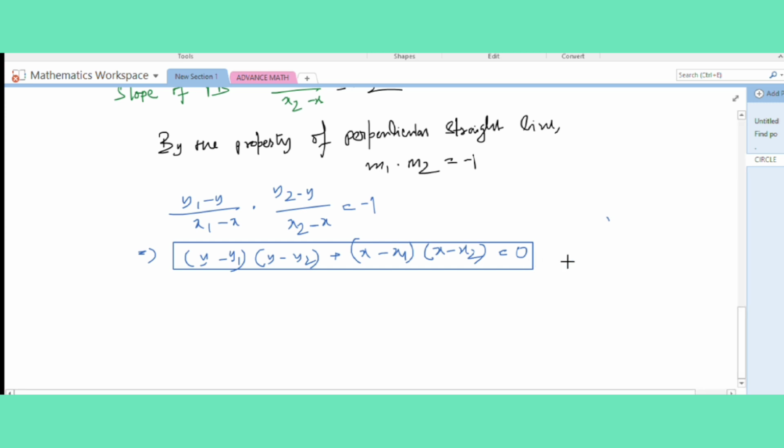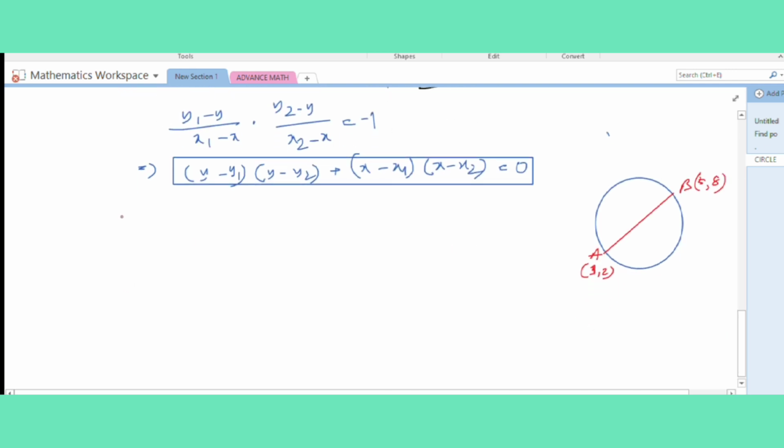Suppose we have a circle with a diameter whose endpoints are A and B, and these points are given. Randomly I'm taking one as (3, 2) and the other as (5, 8). These two points are given to you for the circle, and you need to find the equation of the circle.